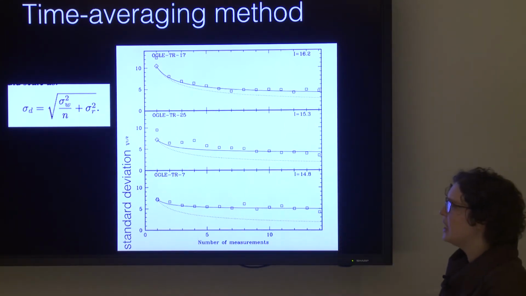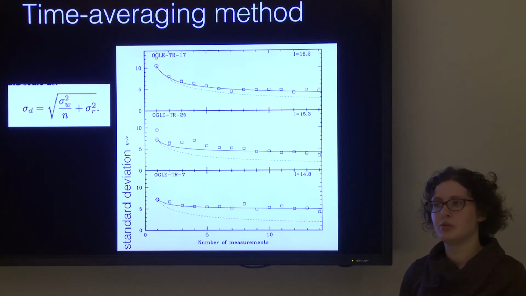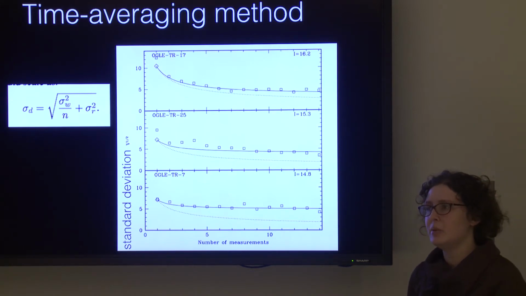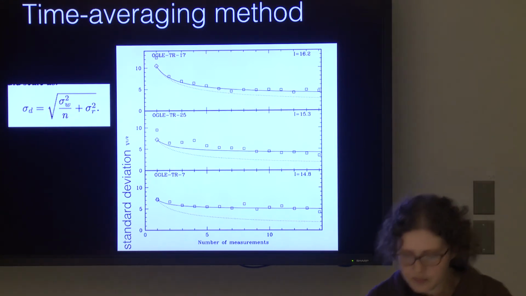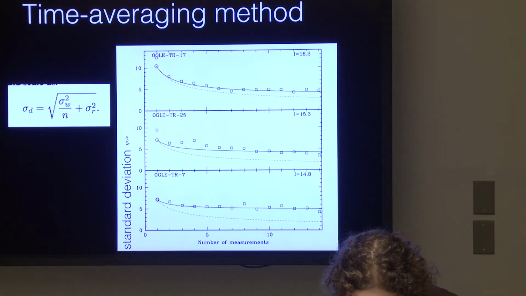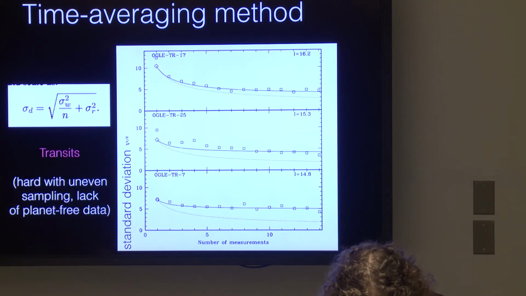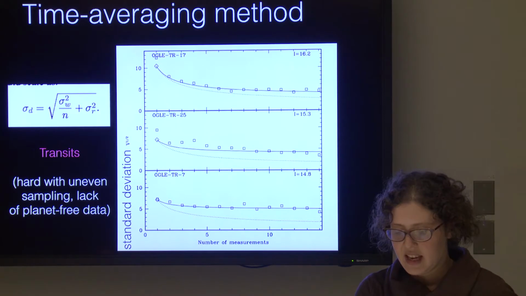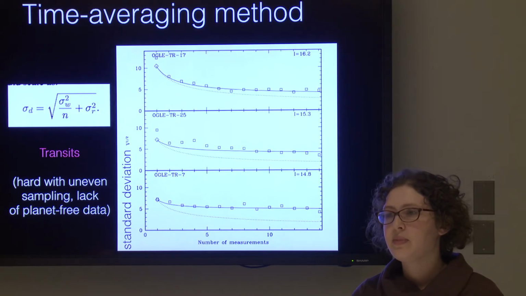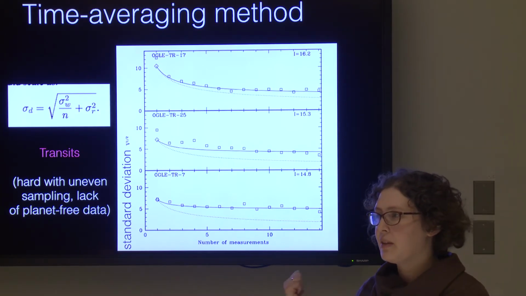The trouble is that this assumption doesn't really seem to hold with real data sets, so it was causing an underestimate of the uncertainties, and it didn't really end up working that well. So the white noise isn't really going away as fast as they thought? I think the problem was that they had uneven sampling, and they didn't have any planet-free data.